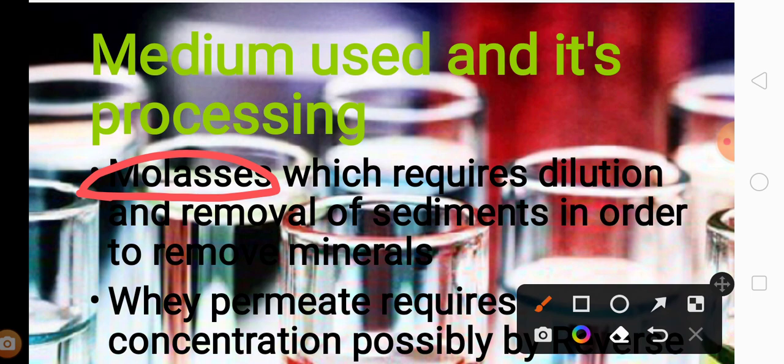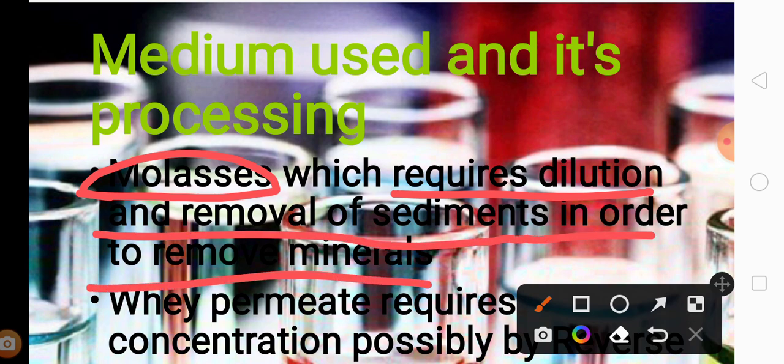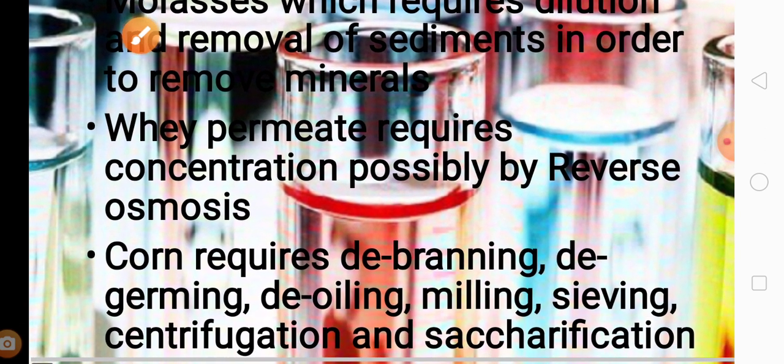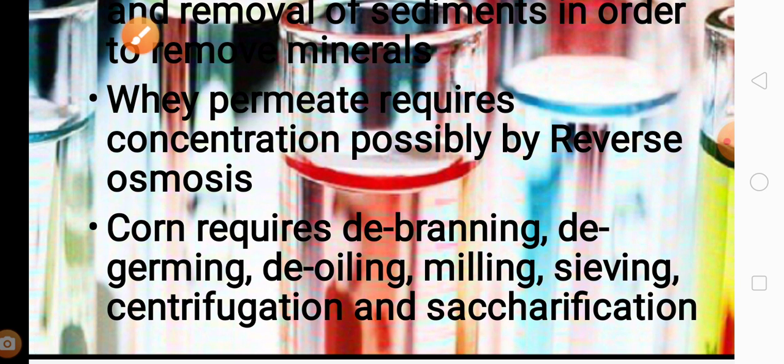And let me tell you one thing, the raw materials that are used for the production of butanol require some kind of processing before they can act as a raw material. So molasses requires dilution and removal of sediments in order to remove any kind of minerals, because minerals might create a hindrance in the production process.